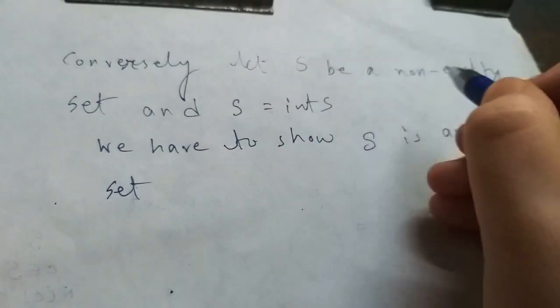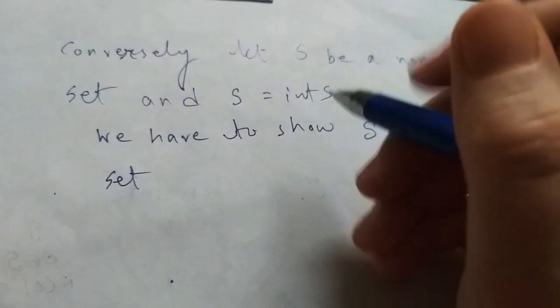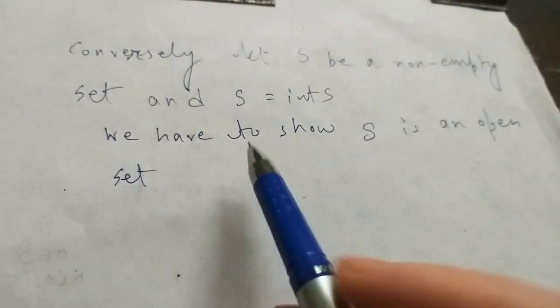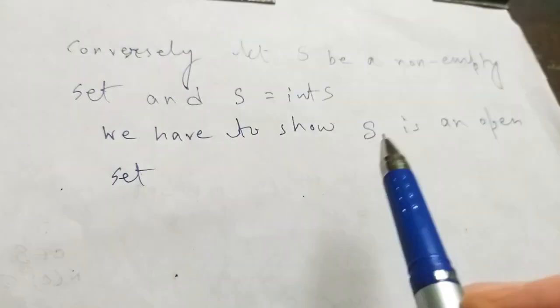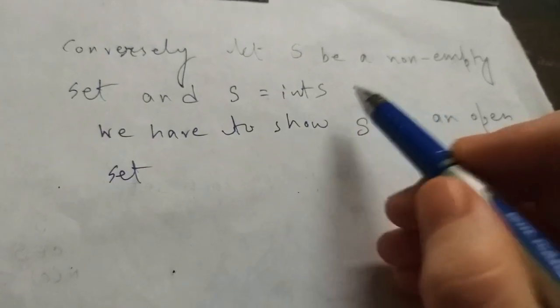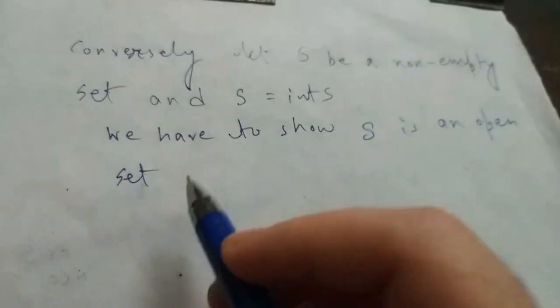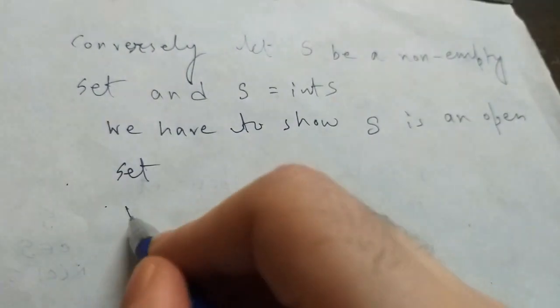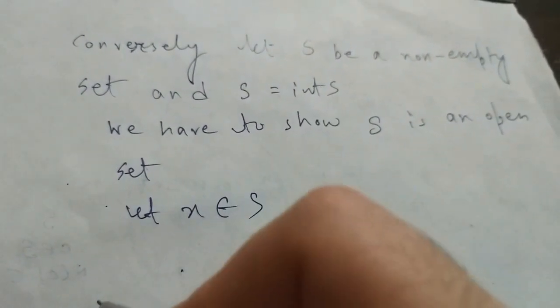Now we choose here S as non-empty, because if we take S equals to ∅, so nothing has to be proved, because S equals to ∅ is an open set. So we take S be a non-empty set. Now since S is a non-empty set, let X belongs to S be an arbitrary point.